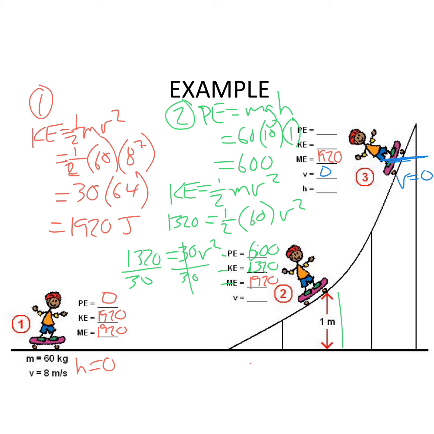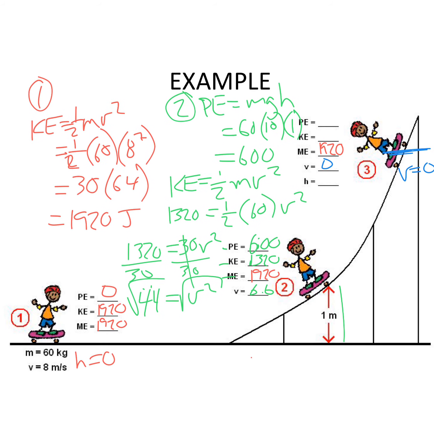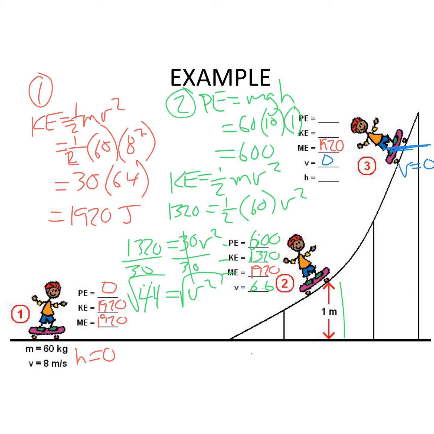I get 1,320 divided by 30, which is 44, equals v squared. Then I need to square root because I want v, not v squared. If I square root that value, I get 6.6. So he's going 6.6 meters per second, which makes sense because at the beginning, he was going 8 meters per second. He's gone higher. He should slow down. 6.6 makes sense.